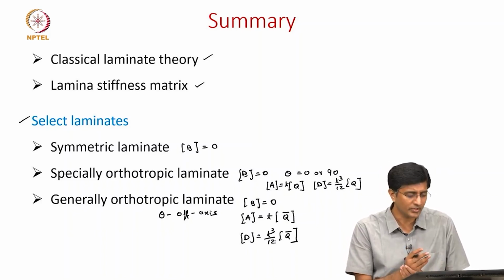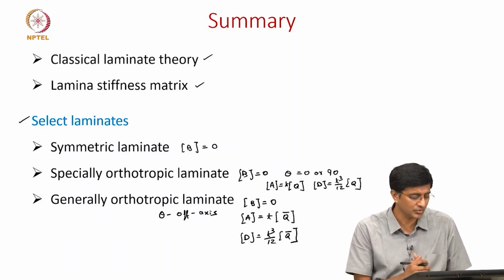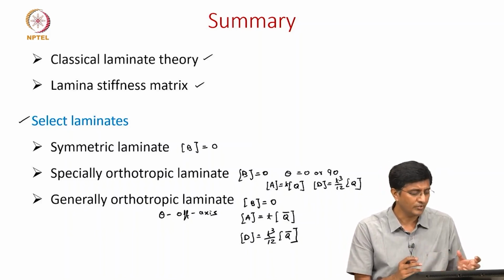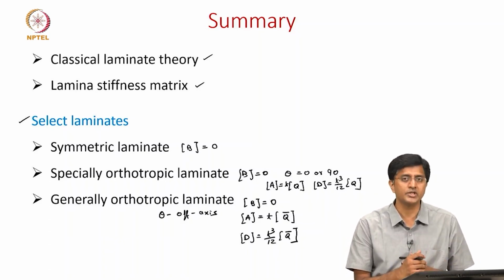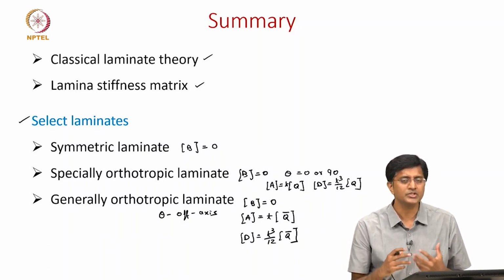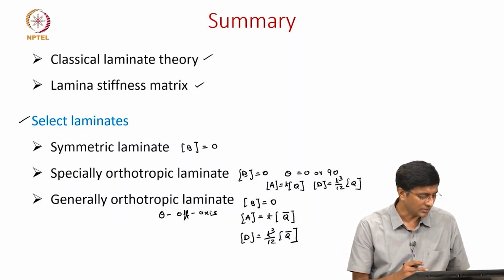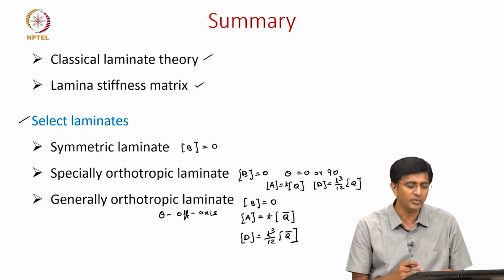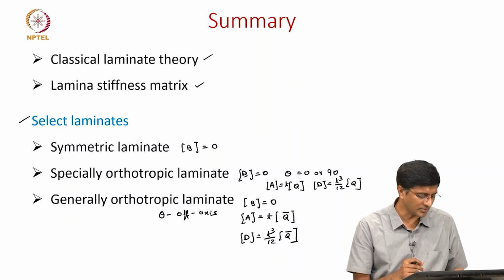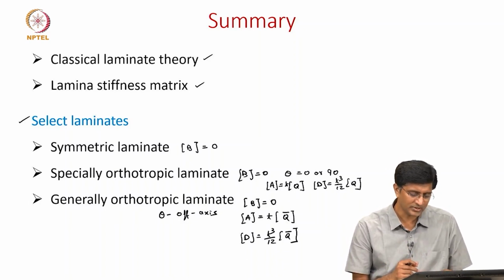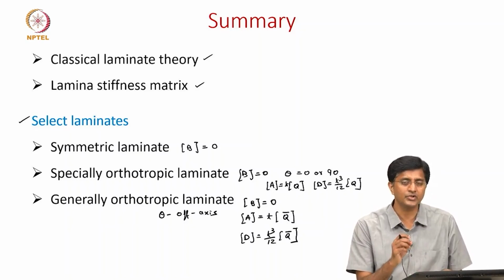So essentially what we are trying to show here is, when we consider these select laminates, the reason why we choose these mostly in practice is because they give some benefits. Starting with symmetric laminates, we said the B matrix is 0, there is no coupling between extension and bending. But coming to specially orthotropic laminates, we showed that few of those couplings go to 0, like the shear extension coupling and the bending twist coupling.